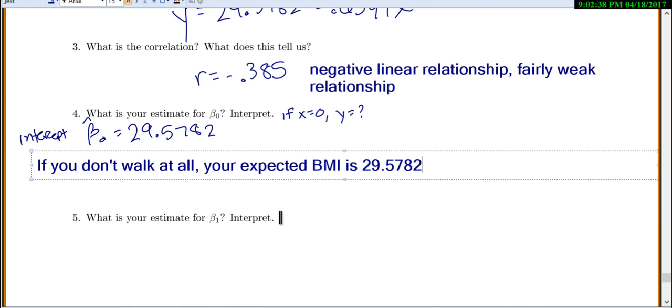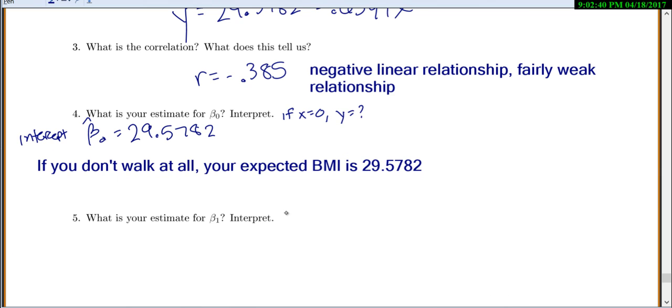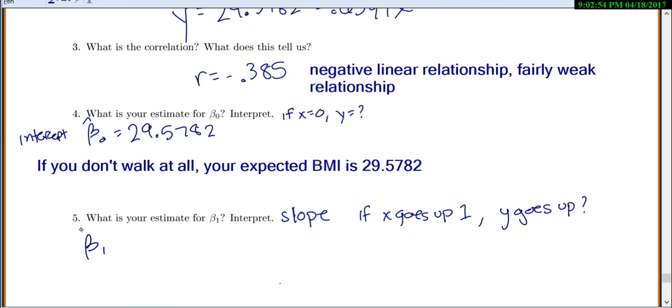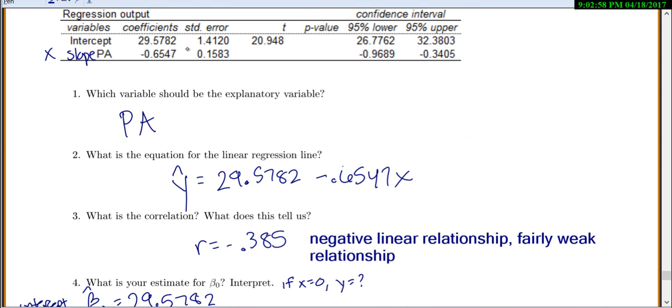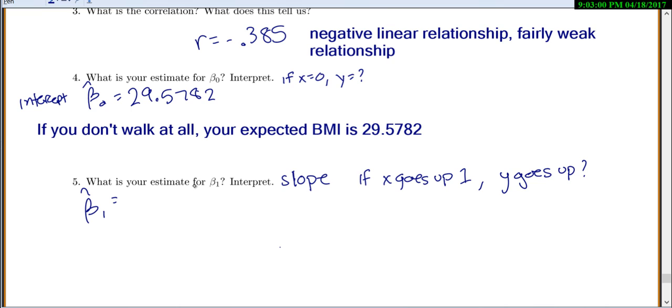So what's our estimate for our slope on this next one? Remember, slope says if x goes up 1, y goes up how much? That's what slope tells us. So our estimate for our slope is the slope coefficient of negative 0.6547.